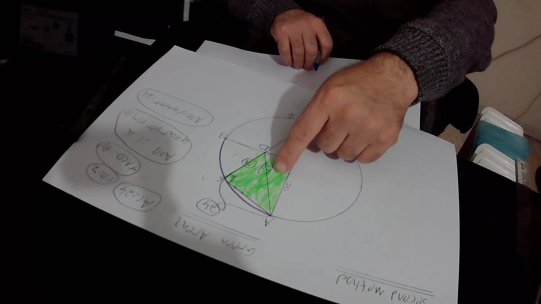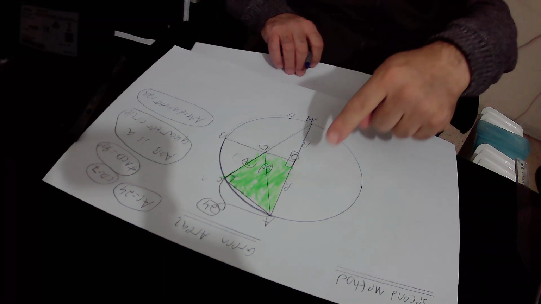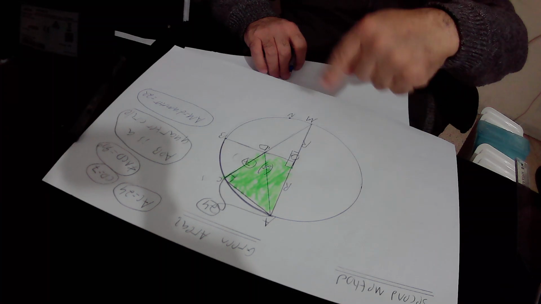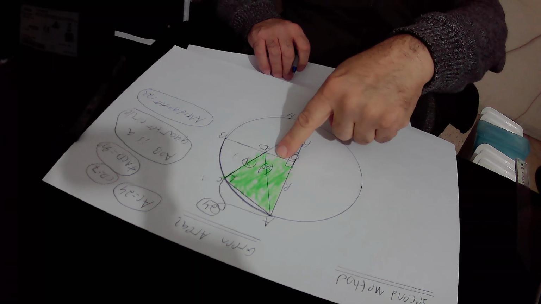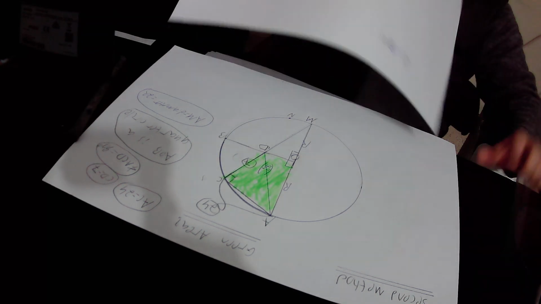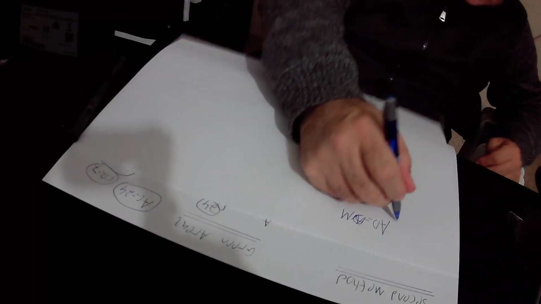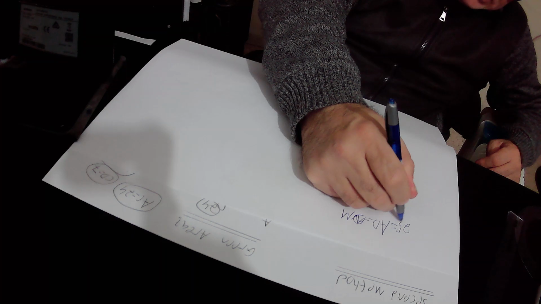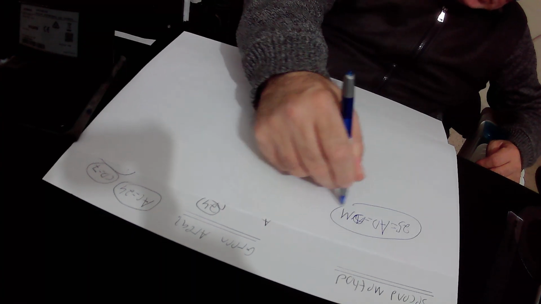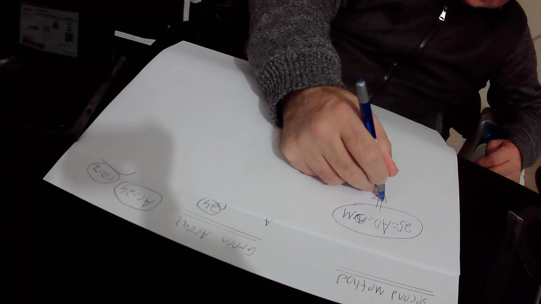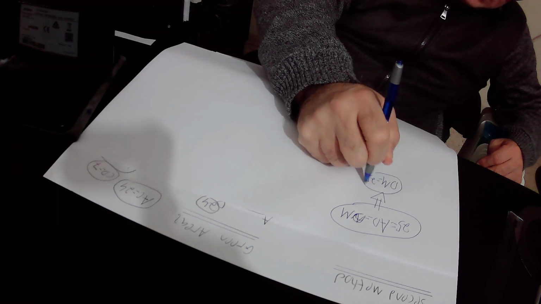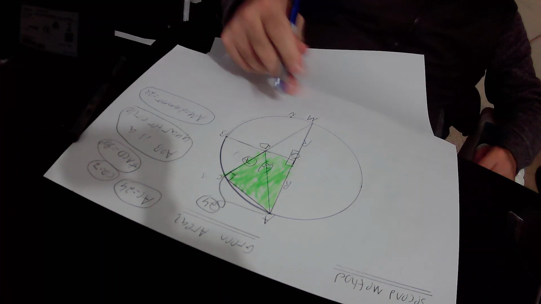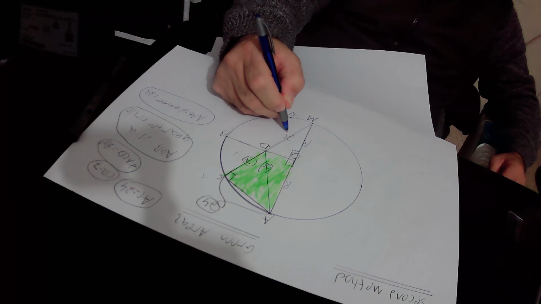But AD equals 25 units in length, so DM also equals 25 units in length.